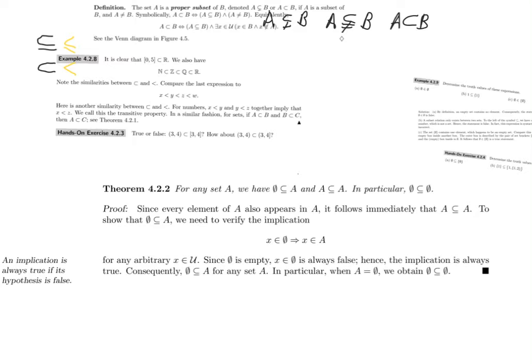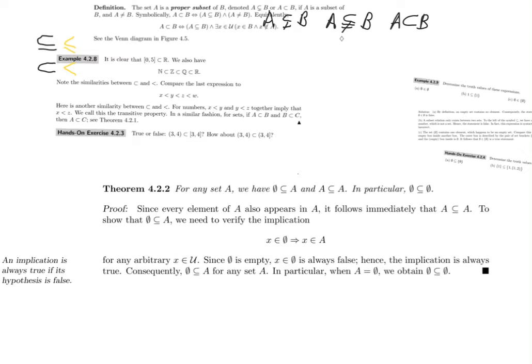Here are some fun little facts about sets and the empty set. The empty set is always a subset of any set you want, and every set is a subset of itself. Okay, so remember what we were saying: when we say "is a subset of," we are including the possibility that A equals A. So we're not saying proper subset here.